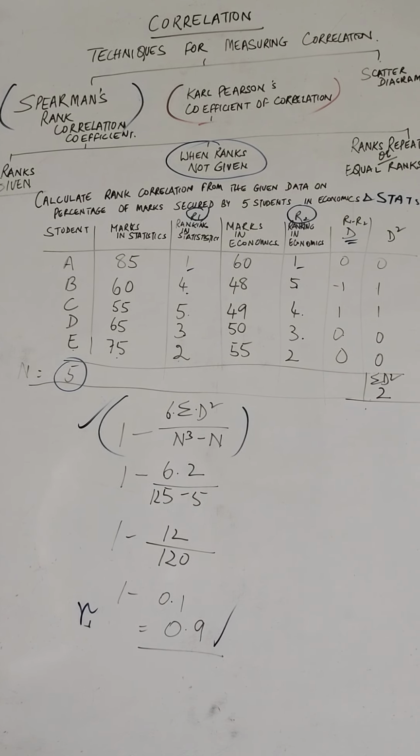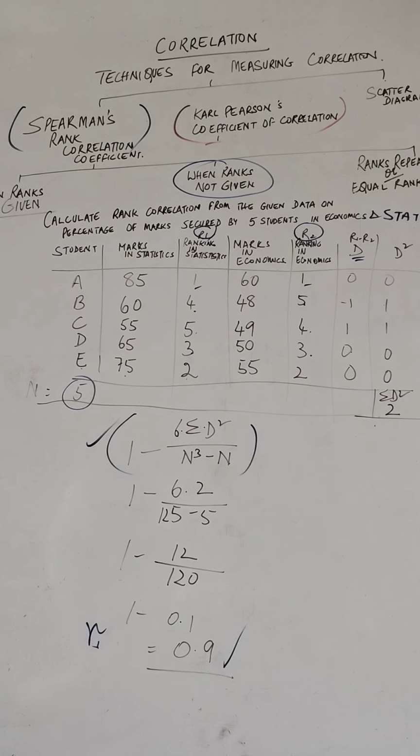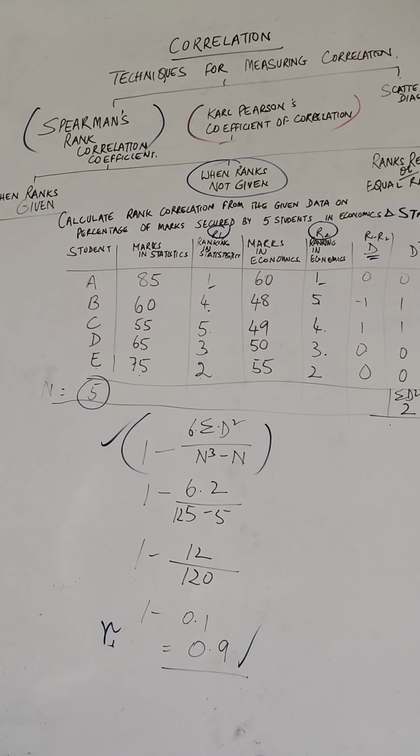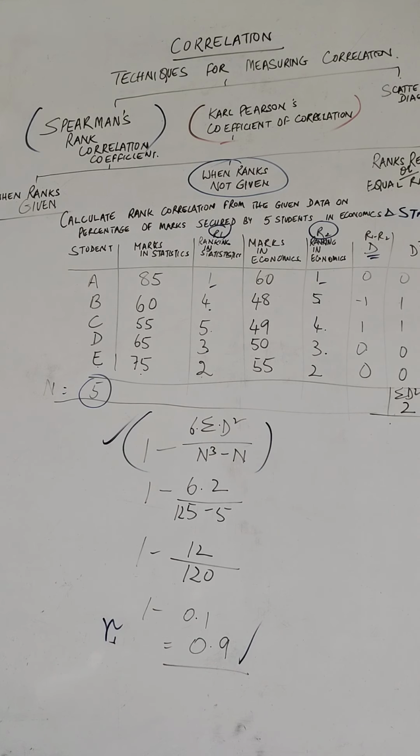Once again, make sure that you do this particular numerical in your notebook, and then open your book, find one where ranks are not given, do the illustration from there, and do one exercise.